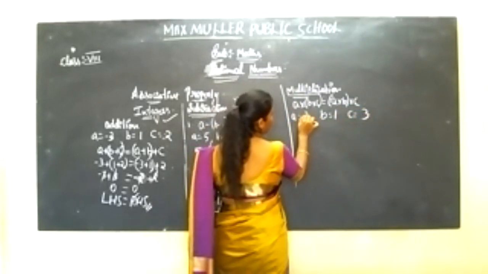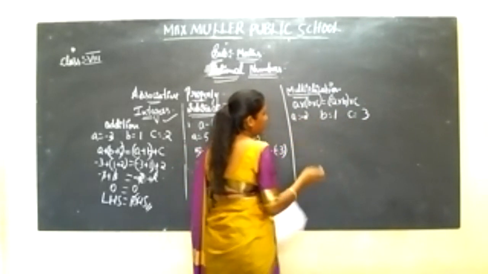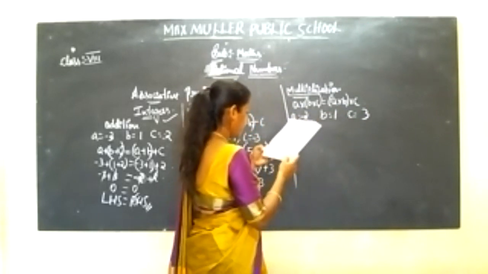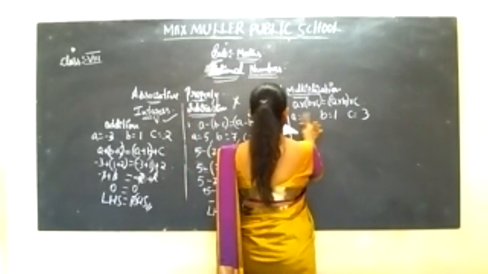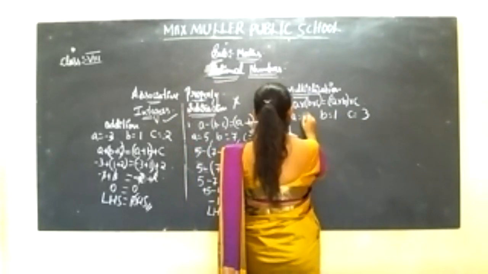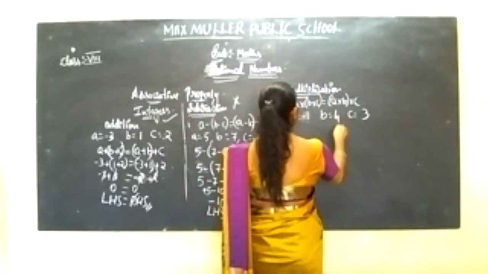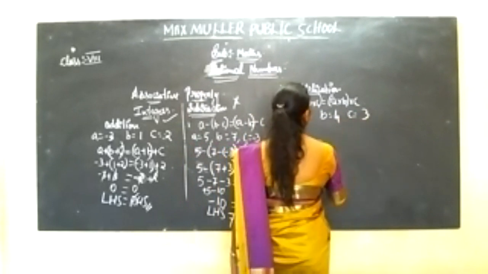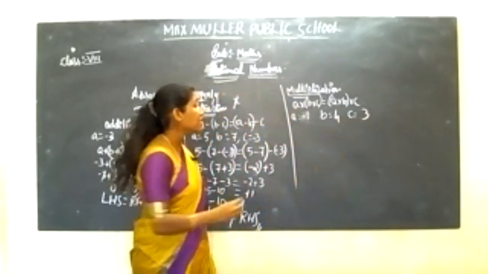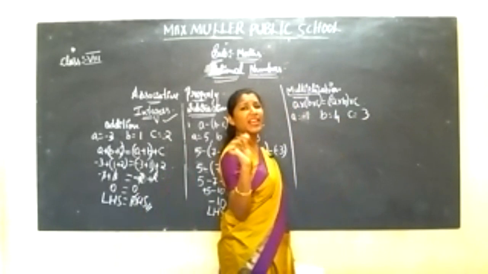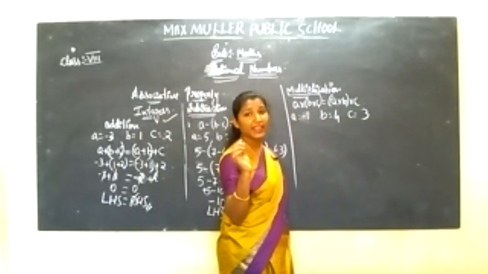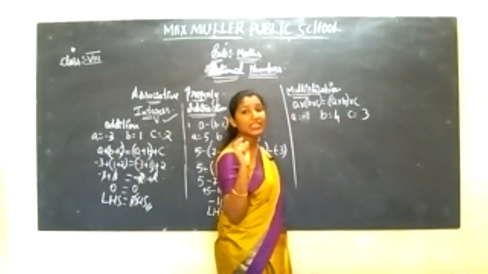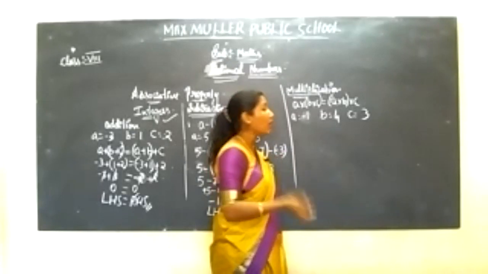Here our minus value we'll take, or we'll take like this: minus 1, 4, 3, somewhat like this. Whatever example you take, it has to satisfy that LHS should be equal to RHS.